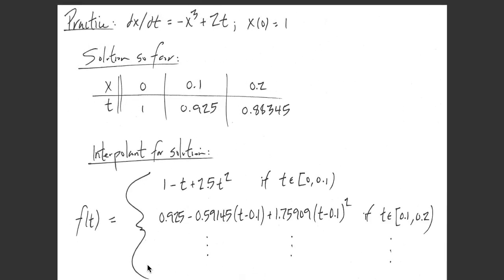So the solution we've gotten this far, I've just tallied our results from steps 0, 1, and 2. Here we go. And we can, of course, write down the interpolant for the solution just by recording the Taylor polynomials at each step. And this, again, is going to give us a more accurate picture of the solution than simply connecting these pairs with straight lines.